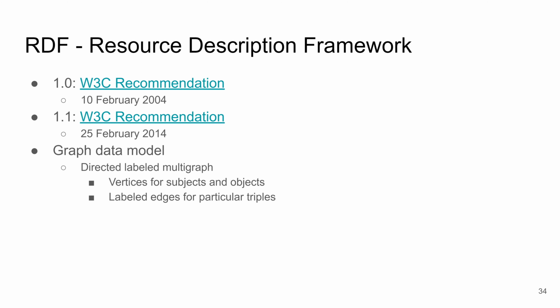To recap, it is a graph data model. It is a directed labeled multigraph. It is directed because all the edges are directed. They always go from the subject to the object. It is labeled because all the edges are labeled with IRIs. And it is a multigraph because we can have multiple edges between two nodes or things.